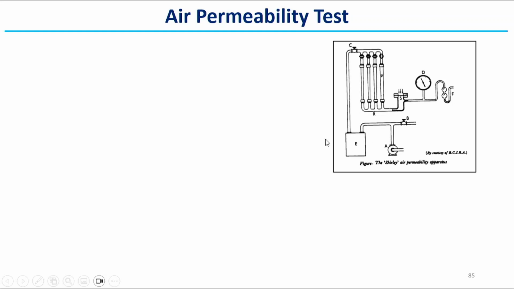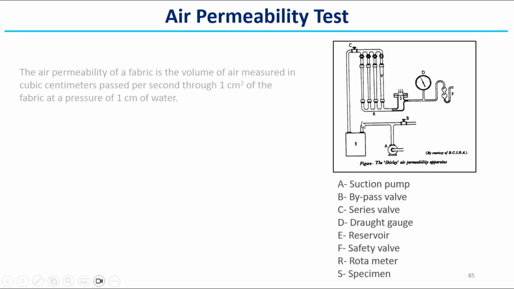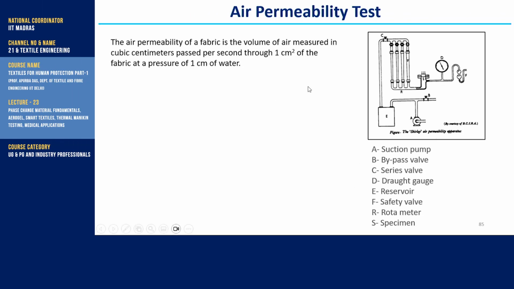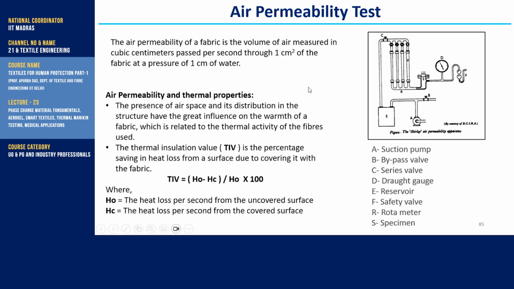So, air permeability is also tested. We can test the air permeability by a normal air permeability tester. So, the air permeability of fabric is the volume of air measured in cubic centimeter passed through per second through 1 square centimeter of fabric, okay, and with the pressure difference of 1 centimeter water head. So, that is the air permeability that we can measure.